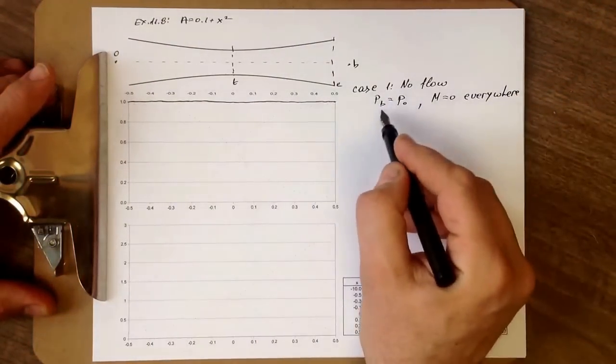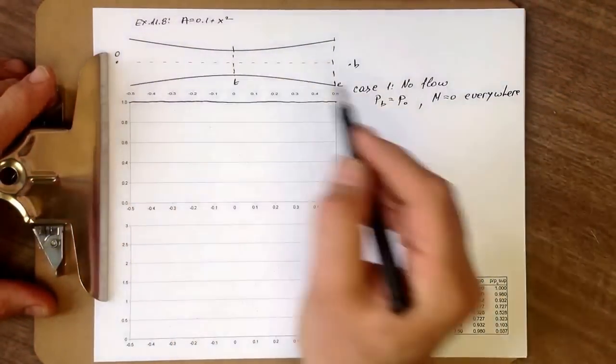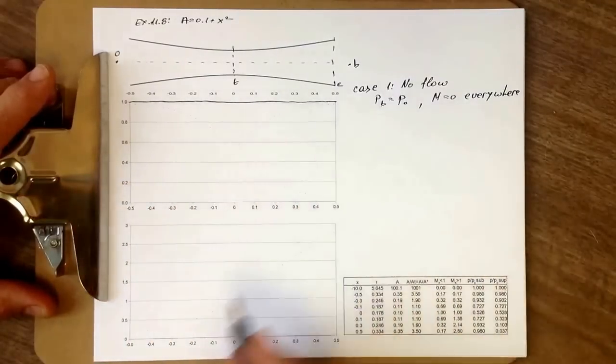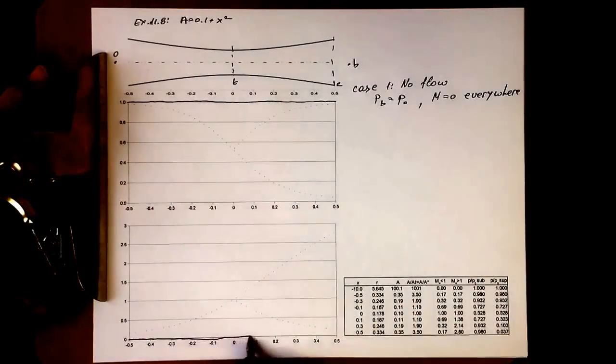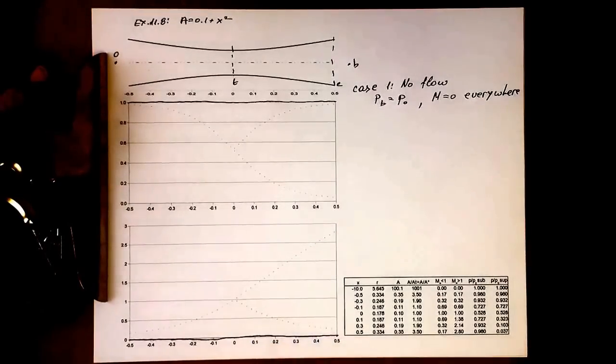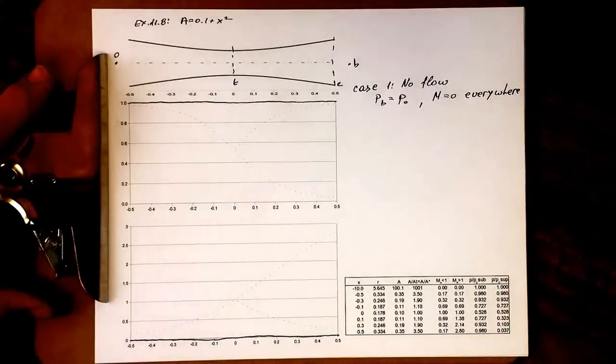Of course, when back pressure is equal to front pressure, then the pressure ratio will be 1 everywhere as well. Let's call that condition: the nozzle is sitting on our desk and nothing happens.